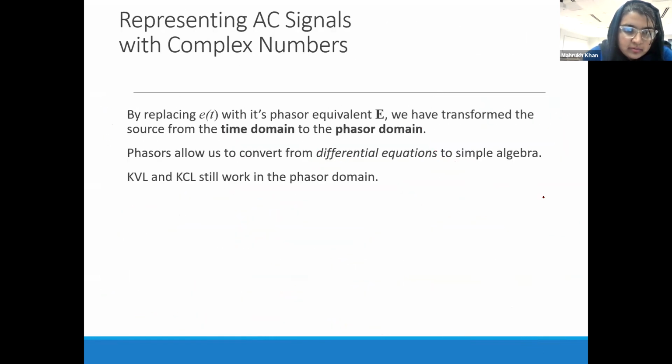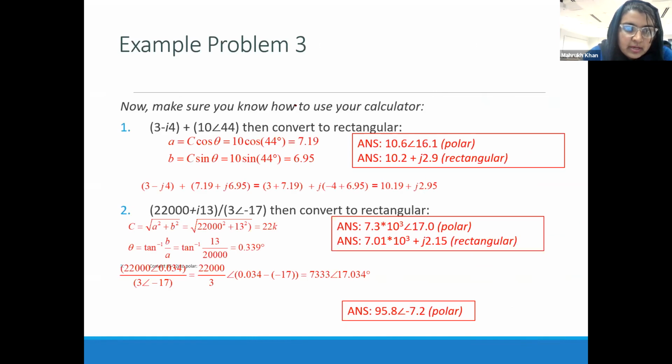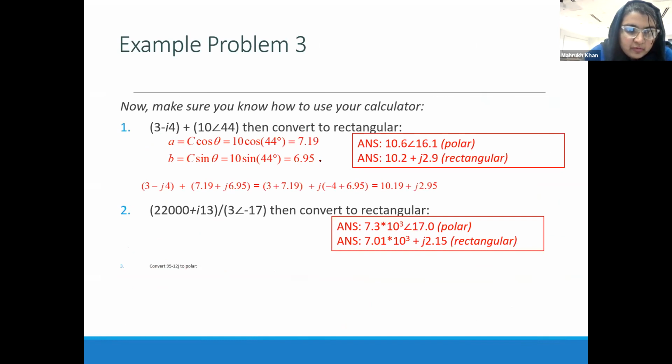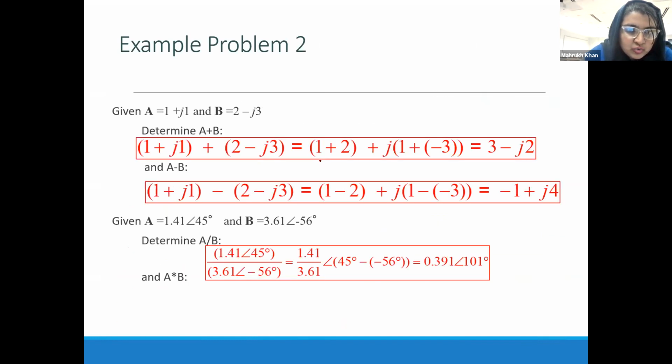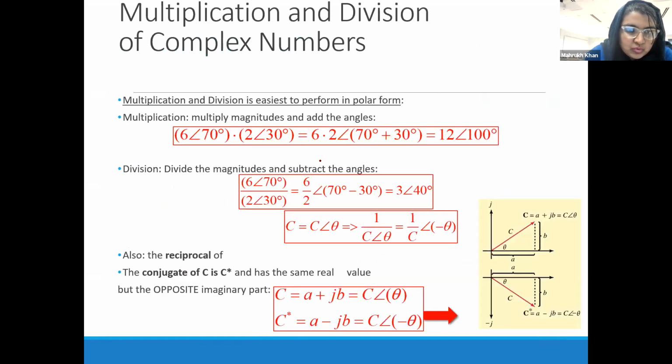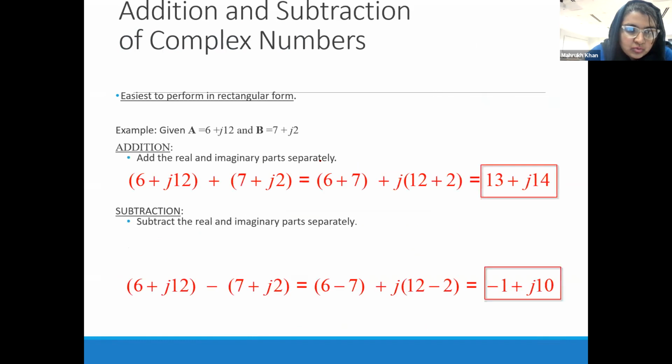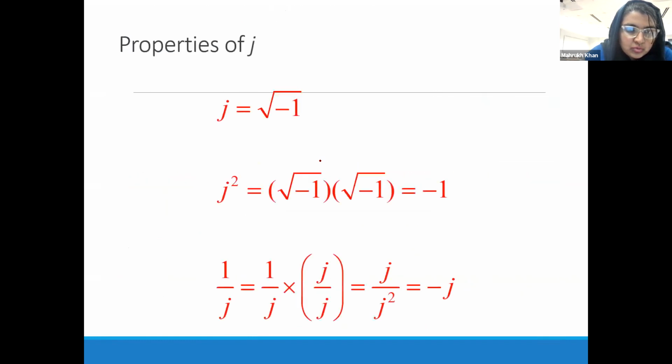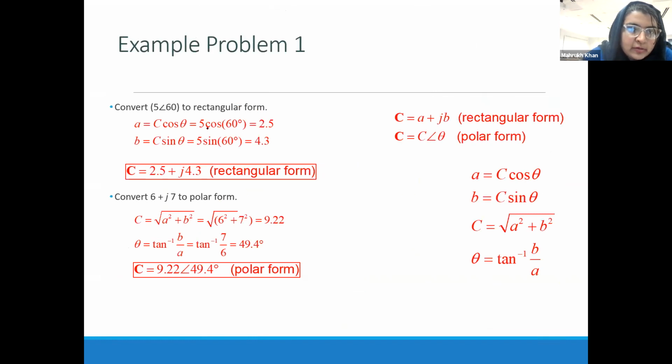Here we said that, or maybe before that. Here, you can say that if you have a magnitude and angle, you can convert it into this form by multiplying A with the cos and B with sine, where B is your imaginary and A is your real number.